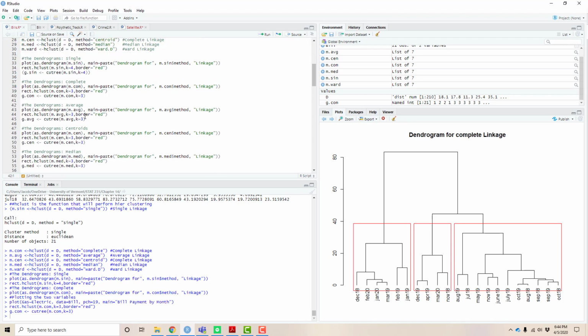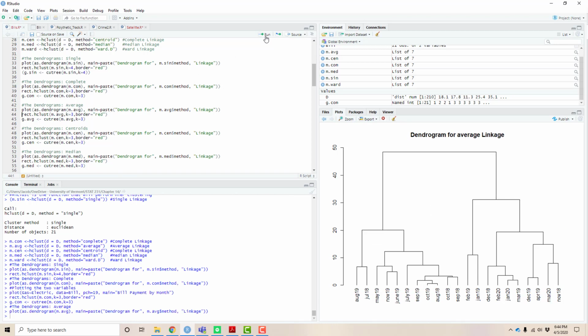Going through, next we're going to look at a little more robust methods. Single is the minimum distance, complete is the maximum distance. Those tend to be susceptible to outliers, as mins and maxes tend to be. Averages tend to work a little in between single and complete.